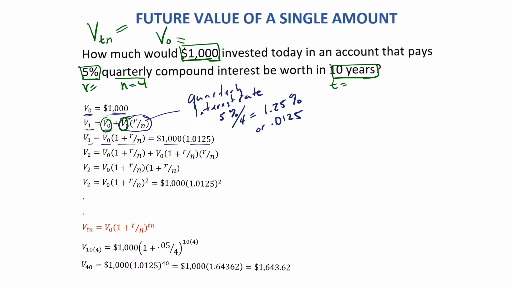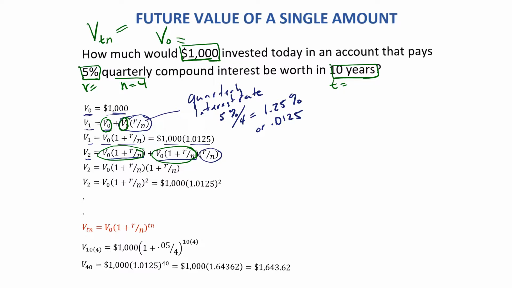If we move to the end of the second quarter, the value of our investment should be the value at the end of the first quarter plus the interest that we've earned on that value in the second quarter. And once again, we'll notice here that there is a common factor in the terms here that can be factored.